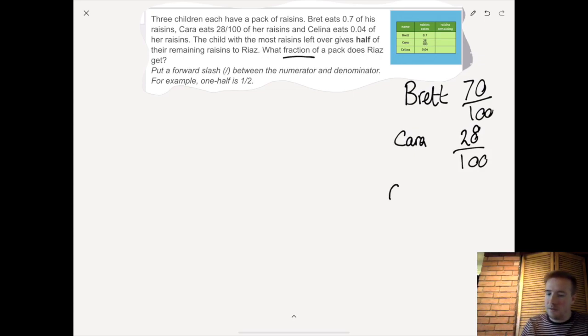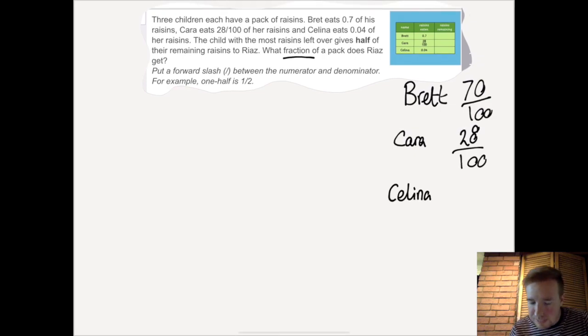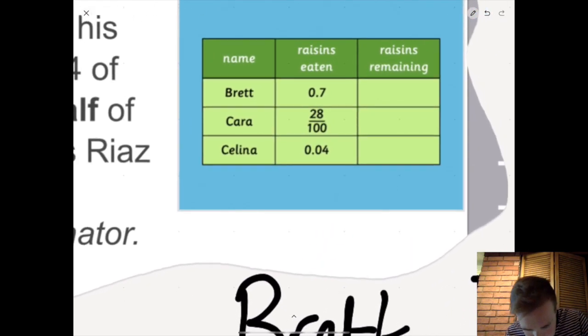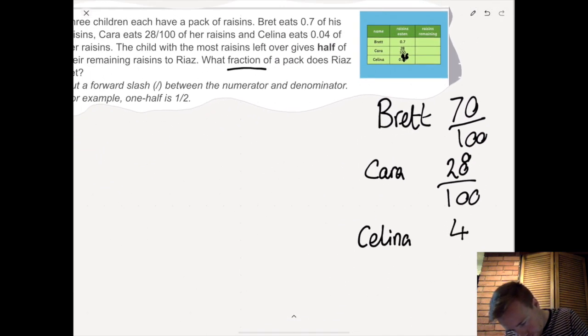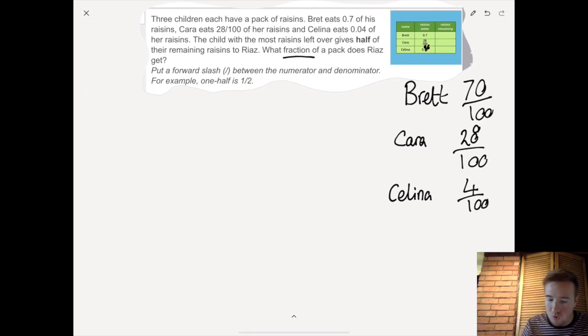Well, she needs 9 tenths and 6 hundredths to get to 1. So she's got 4 over 100 at the moment. Okay. So she's miles away. Okay, so now they are all over 100. They're all equivalent to one another, so they're much easier to work with.